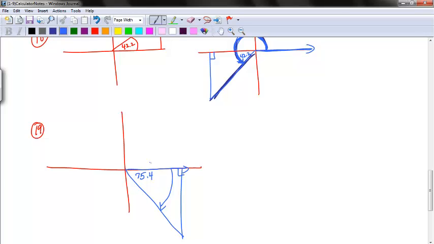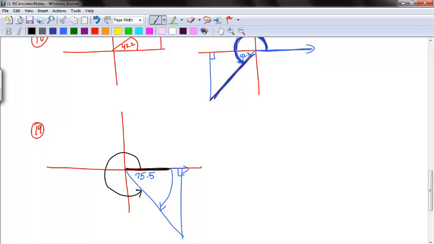Okay, so I end up with 75.5 if I round it, right? Is that what you guys got? Now that's not the answer. The answer is in quadrant 4, so you got to go from the positive side of the x-axis all the way over to here. My calculator still has the negative sign on it. How can I find that answer?